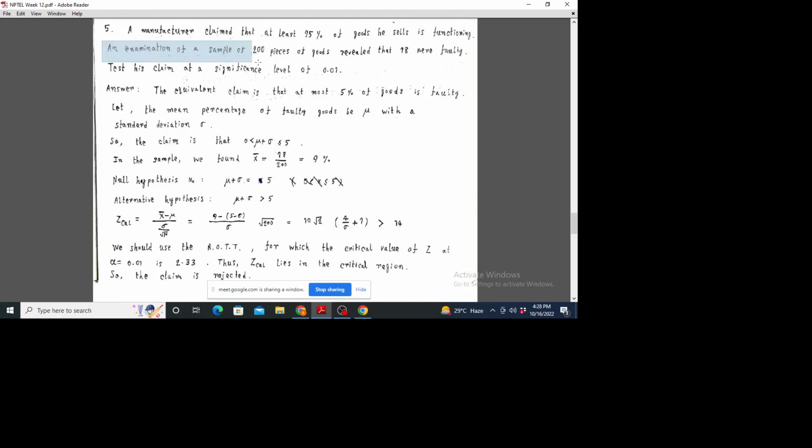Now an examination of a sample of 200 pieces of goods revealed that 18 were faulty. He says at most 5% is faulty, but the examination shows that out of 200, 18 were faulty. That means 9% were faulty. So test the claim at a significance level of 0.01.